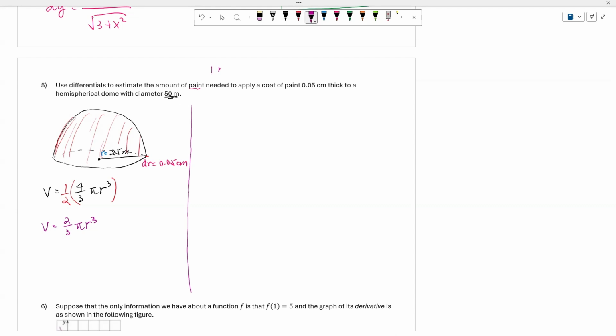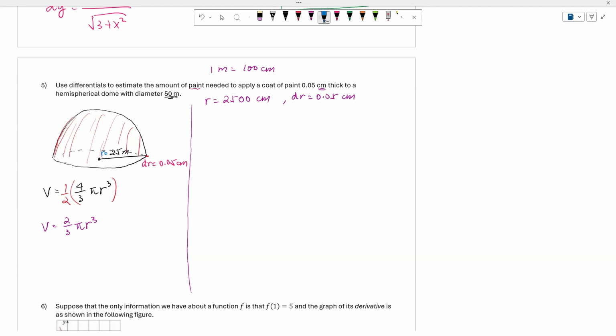One thing that we know is 1 meter is equal to 100 centimeters. So you have to decide if you want to work in centimeters or meters. Let us choose to work with centimeters. In this case, I have r equal to 25 meters, which is 2500 centimeters, and my dr is 0.05 centimeter.